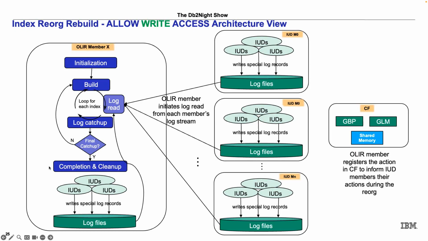So at this point in time, we do have a brief no access window, like Mohan asked before. Depending on the size of the index object, the time could be different, but in general, it should be quick. Okay, so this is the architecture view of the allow write access.